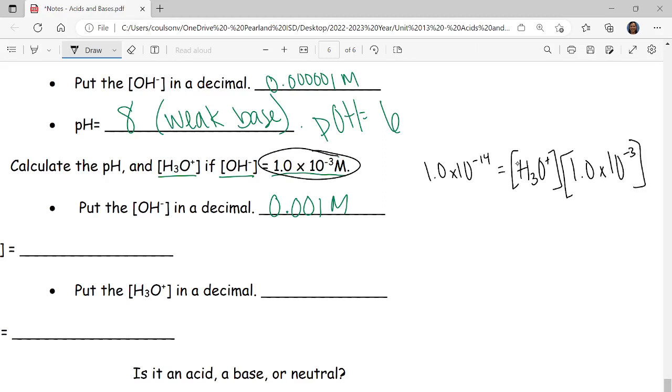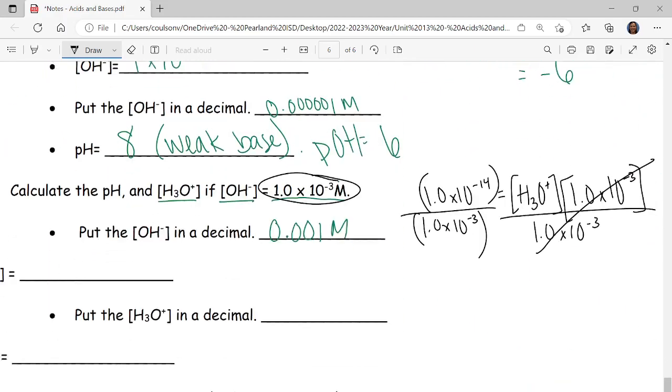I need to get this by itself to solve for it, so I would divide this by 1.0 times 10 to the negative 3. Then that cancels out. And I think what I messed up initially was that the 1 and the 1 shouldn't cancel out, and we'll just treat that as a whole number.